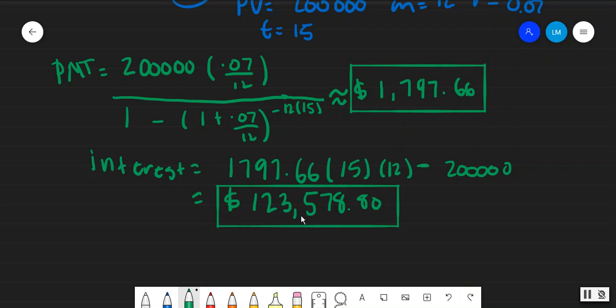If you want to be precise, they paid 373,578 and 80 cents towards the bank.